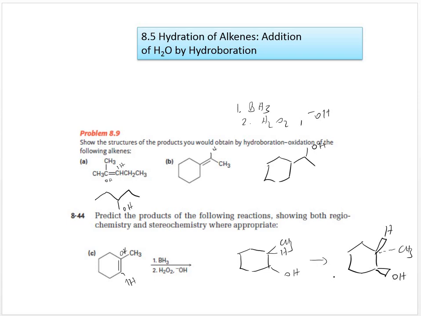Or if you want to draw it another way, it's going to be this. Instead of wedge wedge, just say hydrogen dash, OH dash. So let me just erase some part.